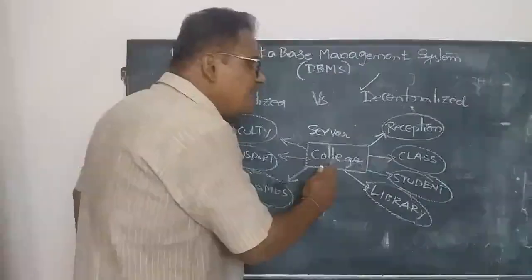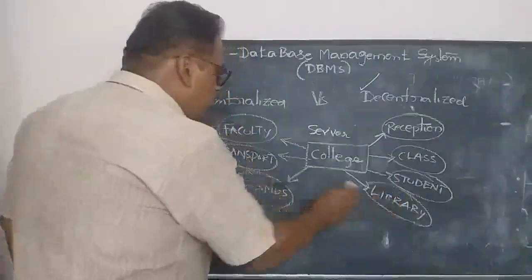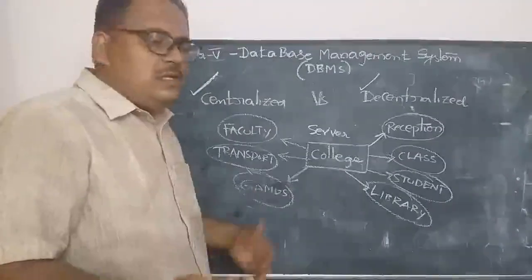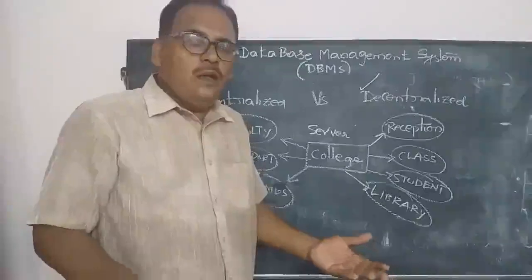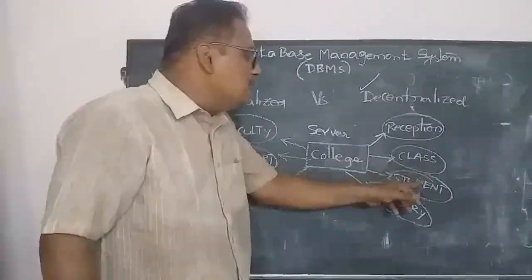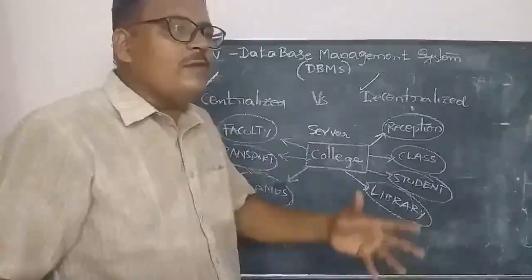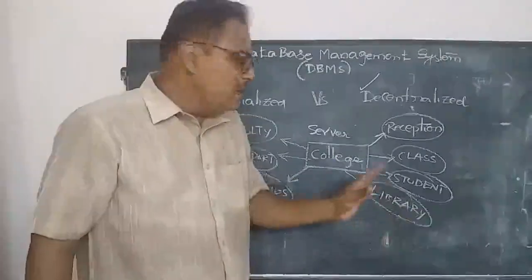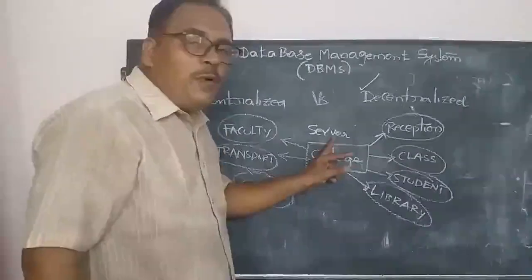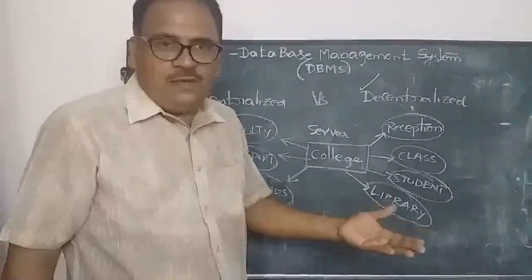When you centralize the data, any entity can share the data from the server. So it's very easy. No need to maintain their own copy. Whether reception data, class data, student data, library data, whatever the entities in a particular college, the entire data is stored at one point, the server.